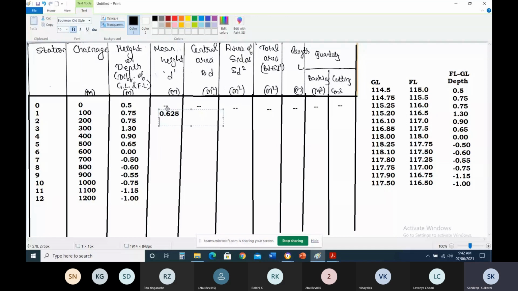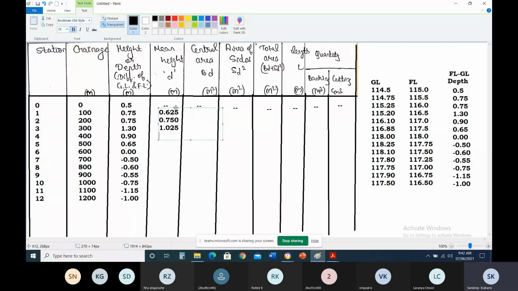Okay. So similarly now in the second station, previous is 0.75, this also 0.75, so it will be 0.75 only. Next, 1.30 plus 0.75 divided by 2, I'll be getting 1.025.